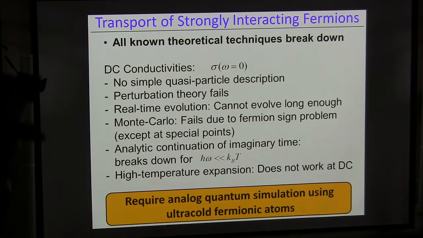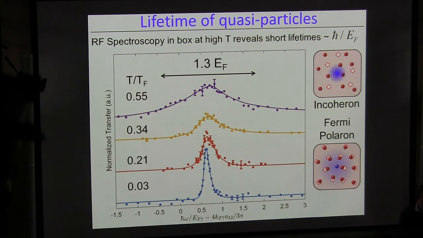So these are all kinds of issues that make it very difficult to calculate these things, and so we don't know the transport properties of, for example, the Hubbard model, and we need to check what analog quantum simulation using cold Fermi gases gives us.